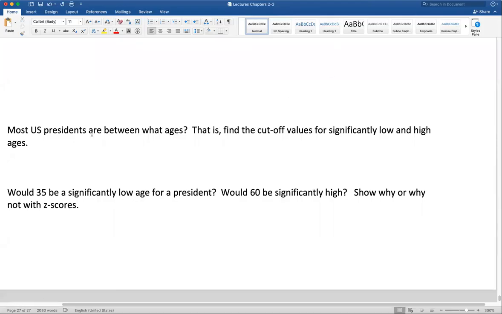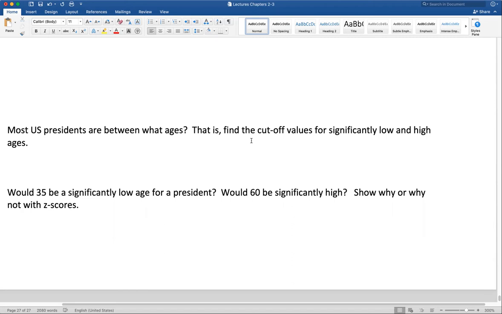Okay, so the next question is, most US prisons are between what ages? That is, find the cutoff values for significant low and high age. Significantly low means x bar minus 2s. So a data value less than x bar minus 2 times s is called significantly low, right?